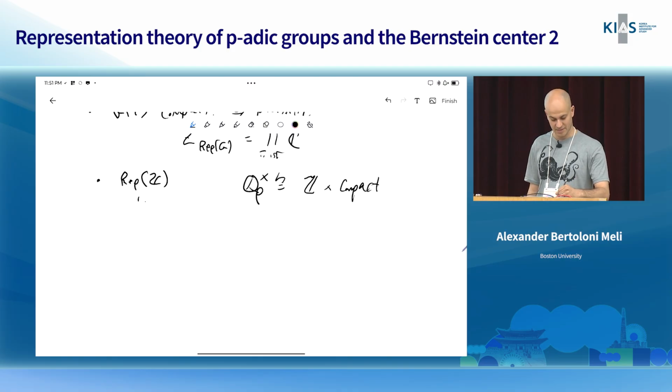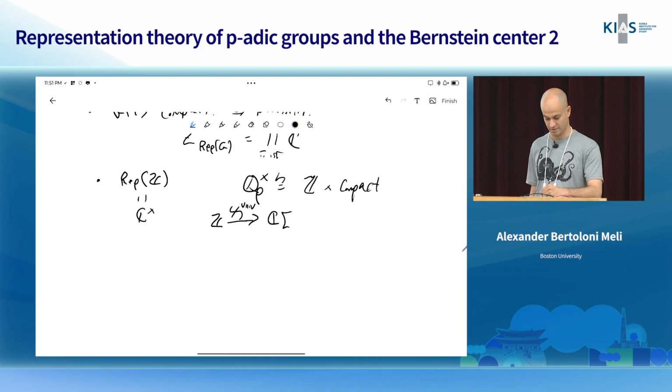Okay, so Rep Z is in bijection with C^×. And the point is that in this case, there's some universal character, chi_univ, and we'll think of it as a map like this. It has the property that if you take some point s in here, that gives you some representation.